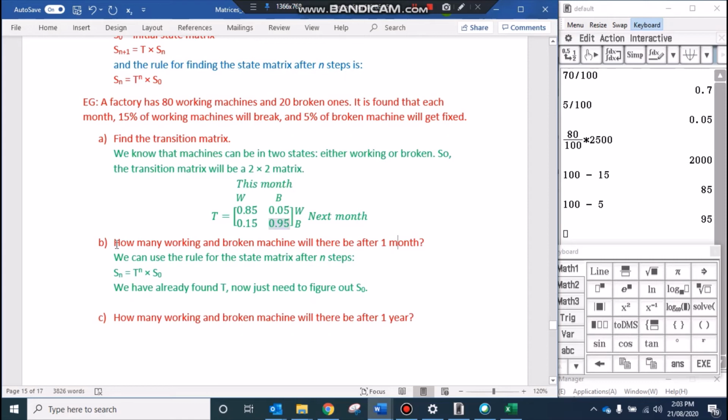Part 2 of this question asks, how many working and broken machines will there be after 1 month? Well, we can use the rule for the state matrix after n steps. So we're going to use this rule.